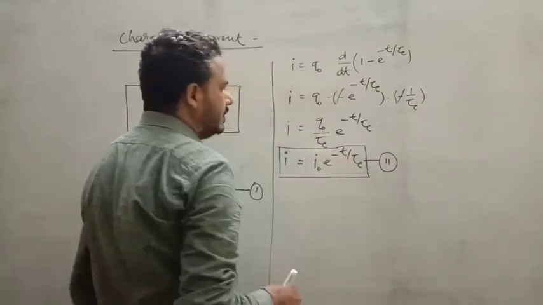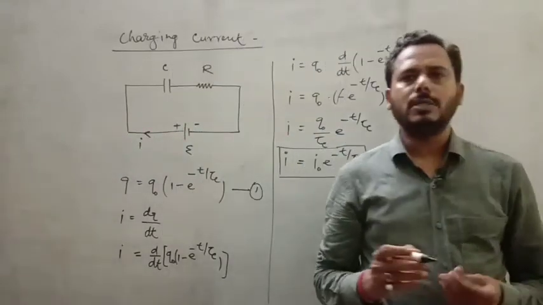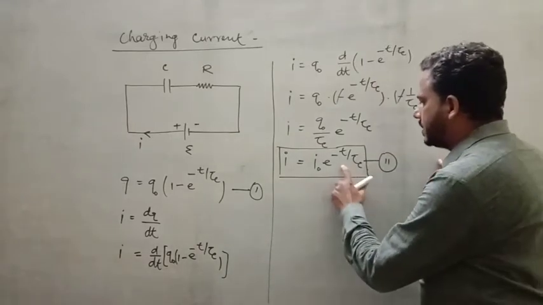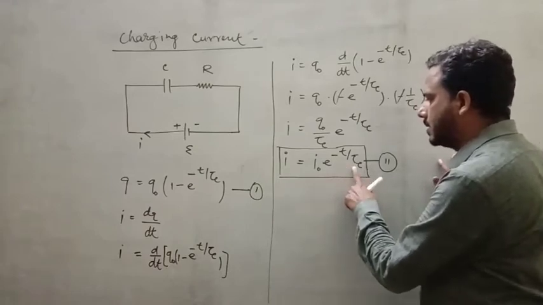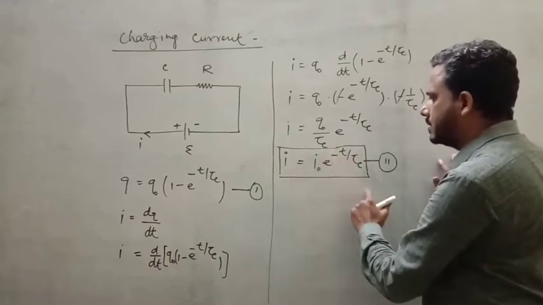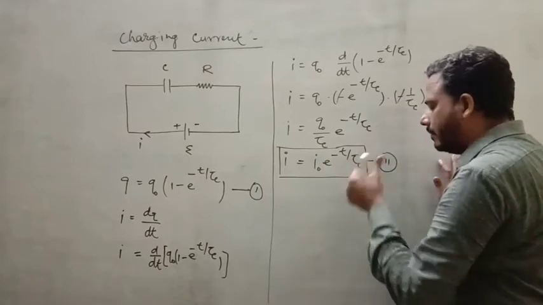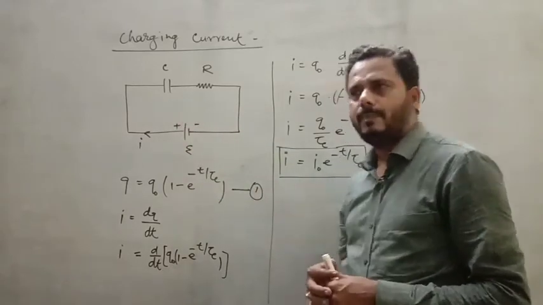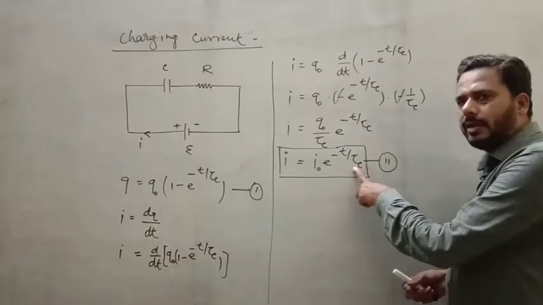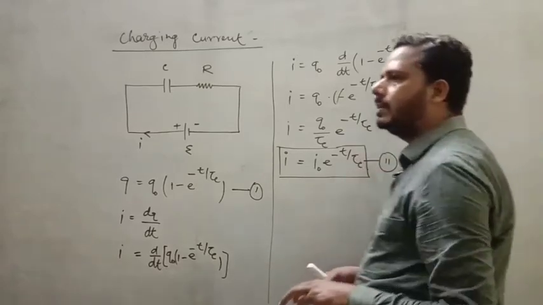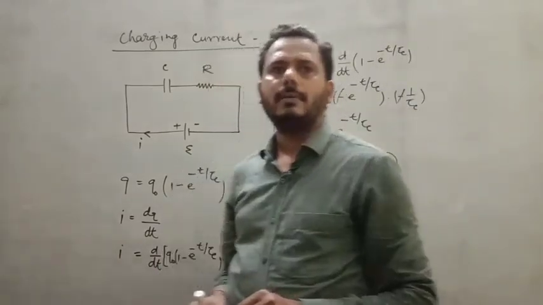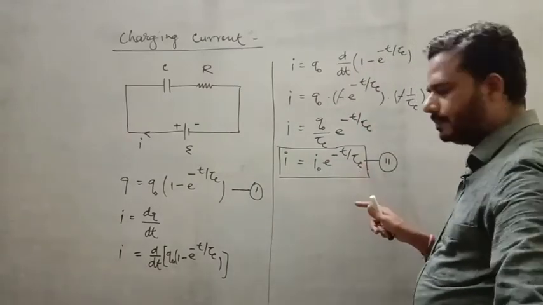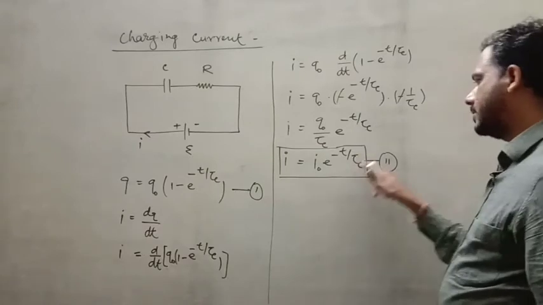From this equation you can see that the expression is exponential. As time passes, your current decreases. A time will come where the flow of charge in this circuit stops, but that will take an infinite time, so here we will look only at the time constant tau c.